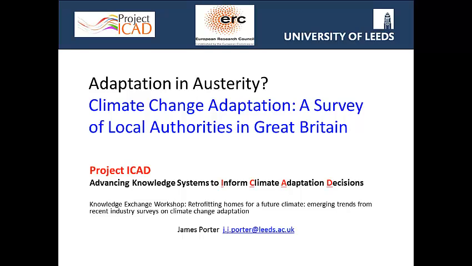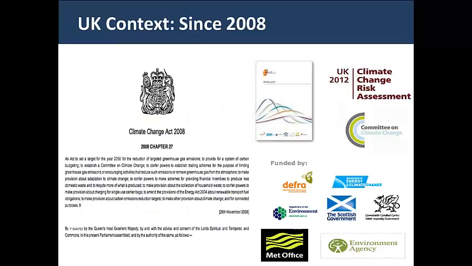So what we're trying to do is pull these things together. And this is a small part of the project which we ran last year. And what we did was we did a survey of local authorities in Great Britain. Now, just to give you a little bit of context, we've had, the last few years, the Climate Change Act, we've had new climate projections, the climate risk assessment came out last year.